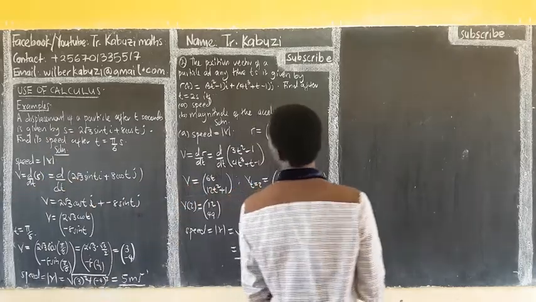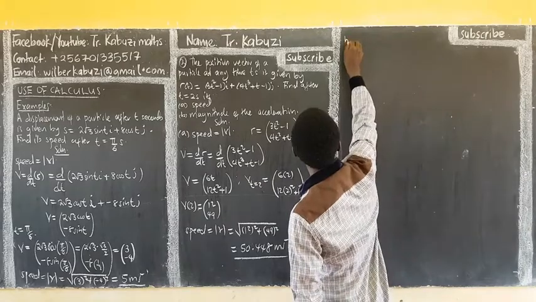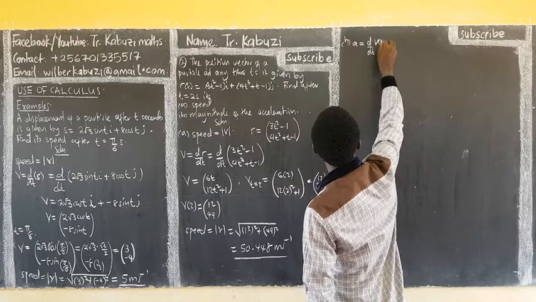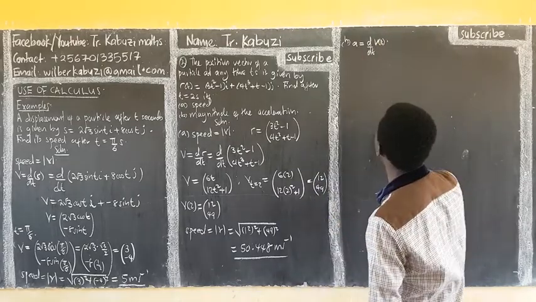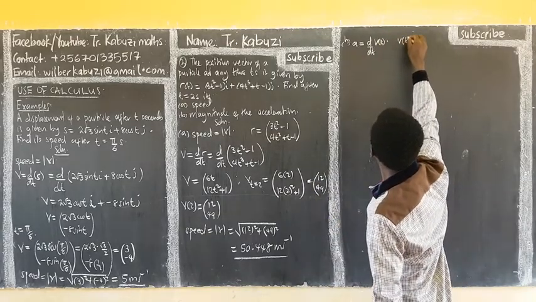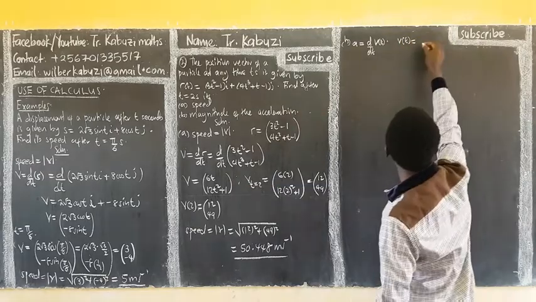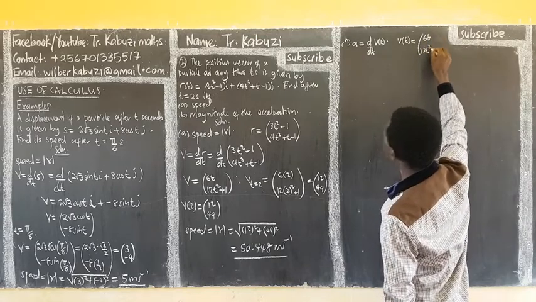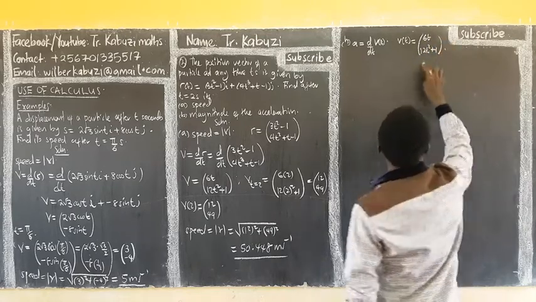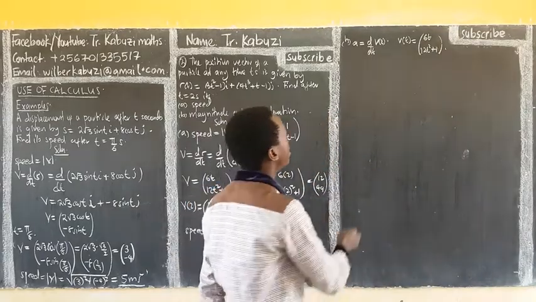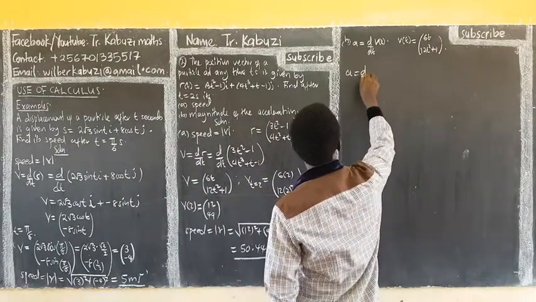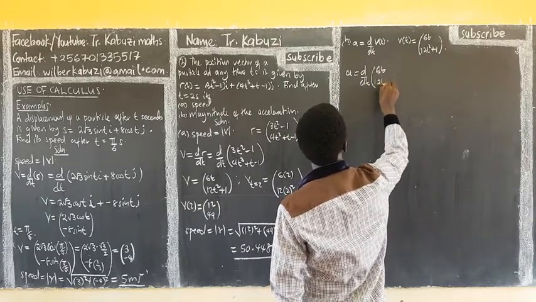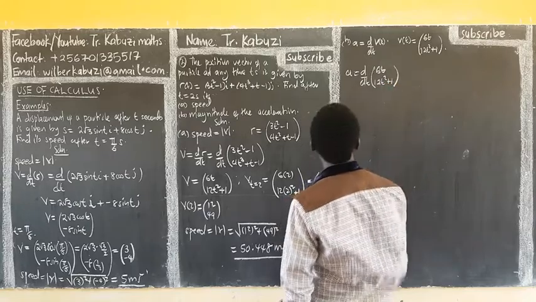Remember, if they ask you speed, you first get the velocity, then get the magnitude of velocity. Then if you want acceleration, part B, first of all, we differentiate v. Our v at time t was 6t, then 12t squared plus 1. This is our velocity at any time.